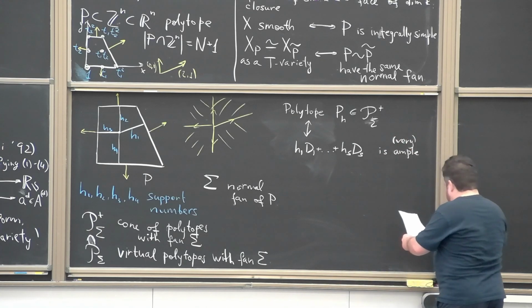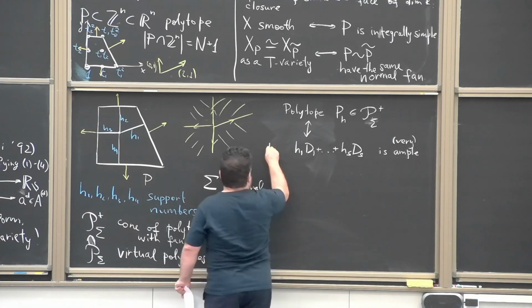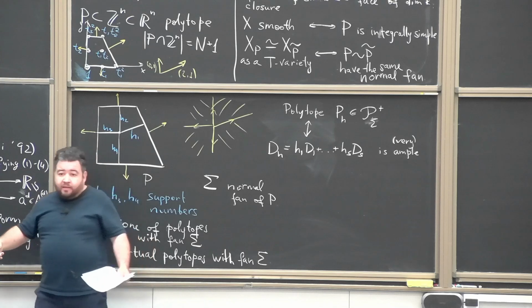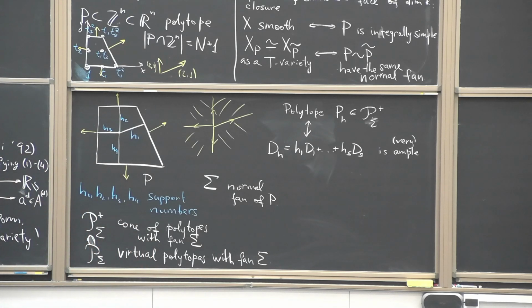This is the divisor D_H, and this divisor defines the projective embedding of my variety X.